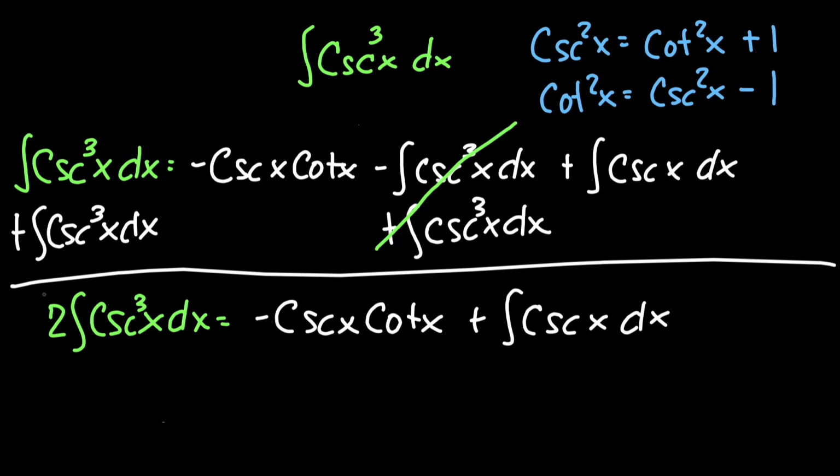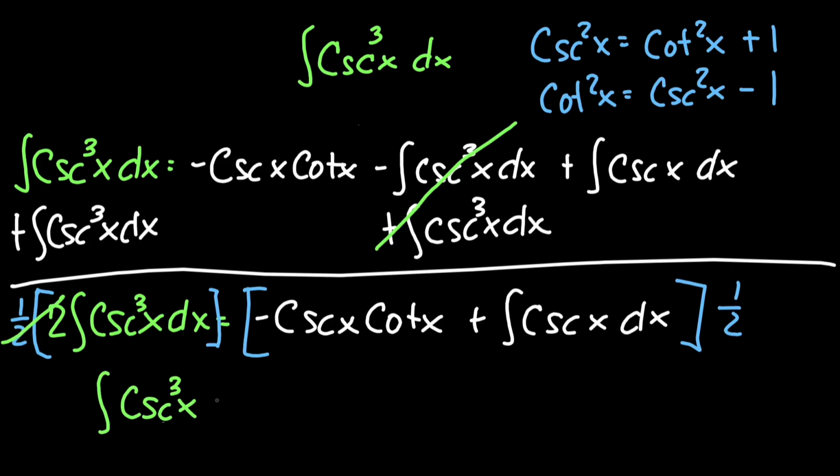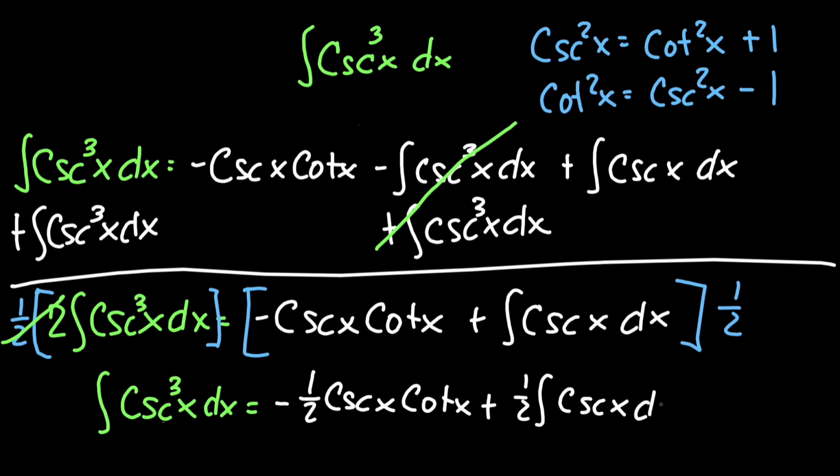So let us multiply both sides by 1/2 in order to get rid of the 2 here. And so this would cancel. So this would be negative 1/2 cosecant x cotangent of x plus 1/2 the integral of cosecant x dx.